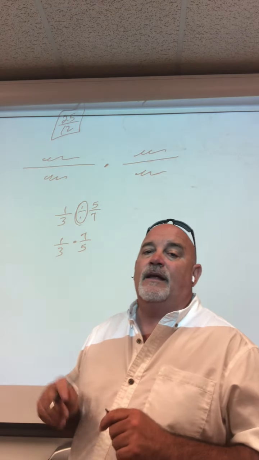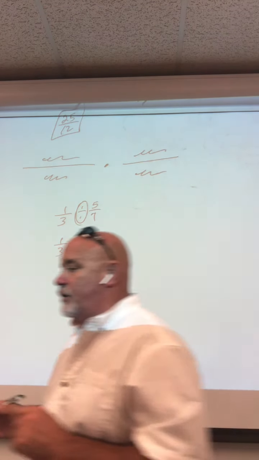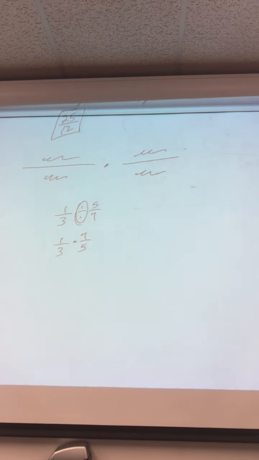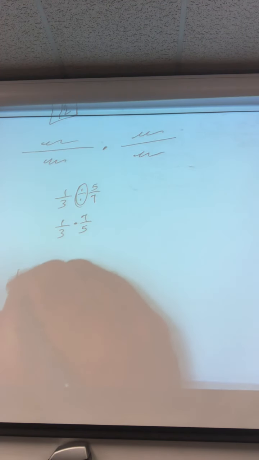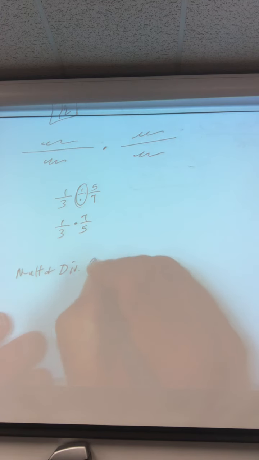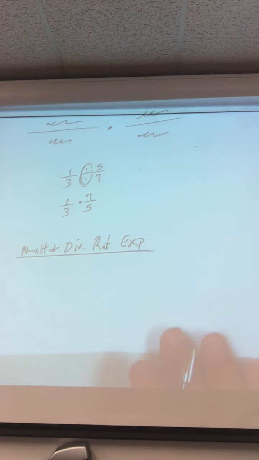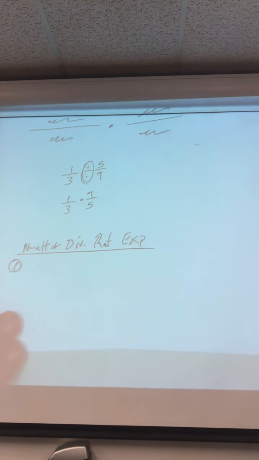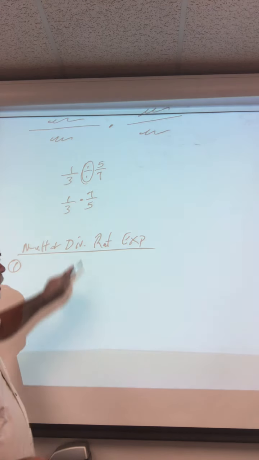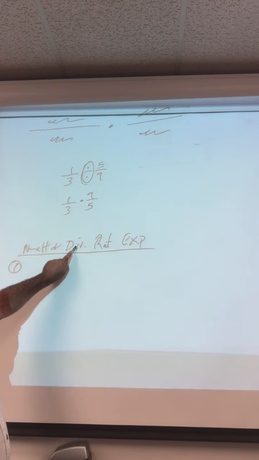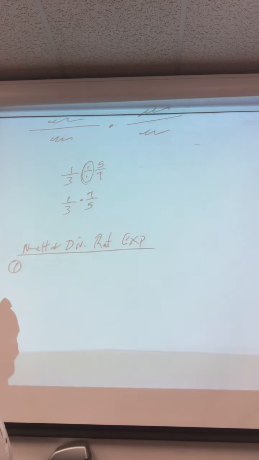Before we do that, let me give you a note. Title this note, write this down: Multiplying and Dividing Rational Expressions. 3 steps. Here are the 3 steps. Step 1. If we are dividing, keep, change, flip.